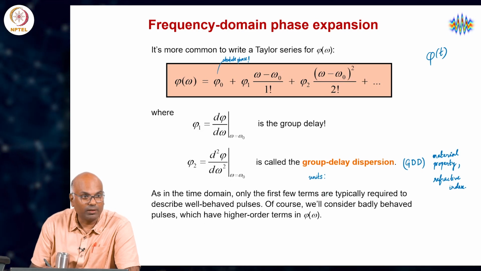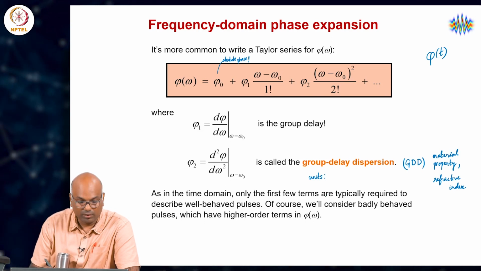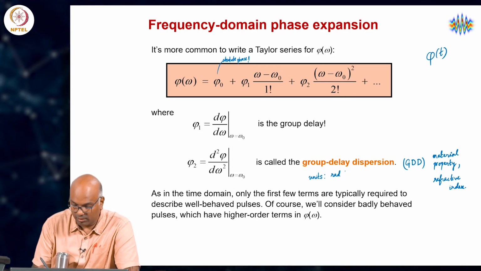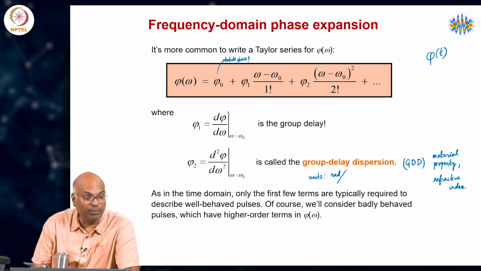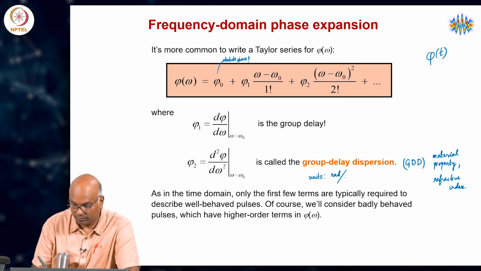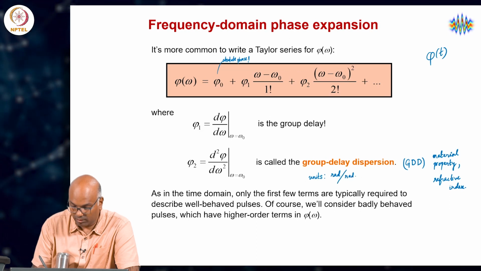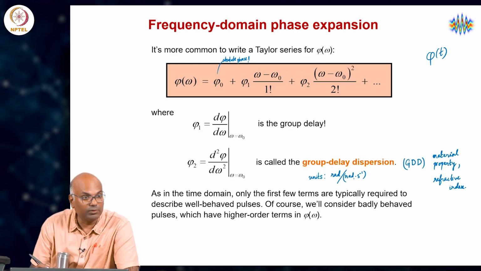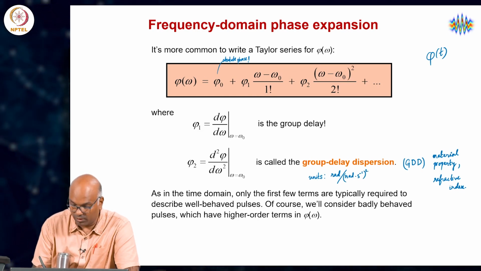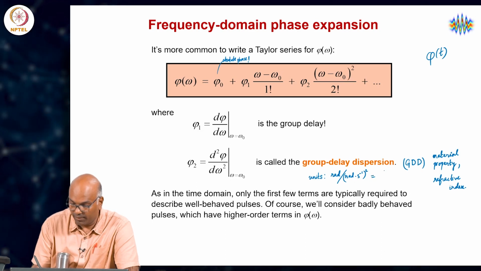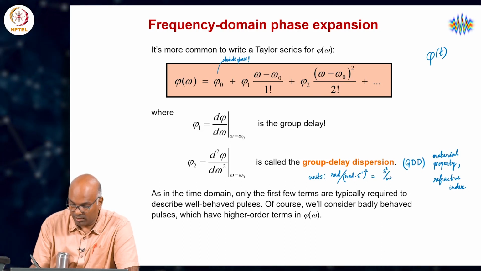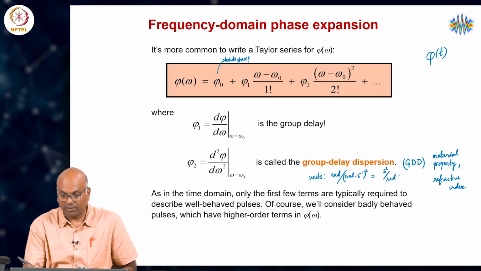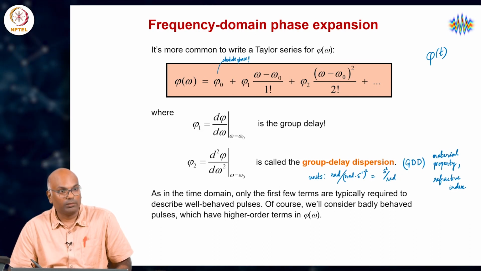Phi is in radians, divided by omega, which is radians per second, but we have two derivatives with respect to omega. So this is squared. So this is going to be seconds squared per radian, right.